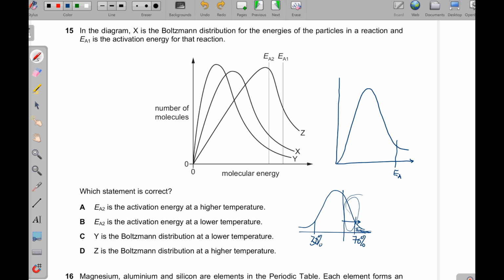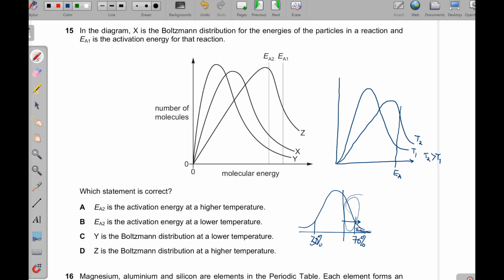So what happens is that this one here is going to shift to the right, and this peak here is going to reduce, because now we are going to have very few here with that energy, because you have gotten many which have gotten energy to react, which is bigger than the activation energy. You see that? So this will be for T2, and this is for T1, where T2 is greater than T1.